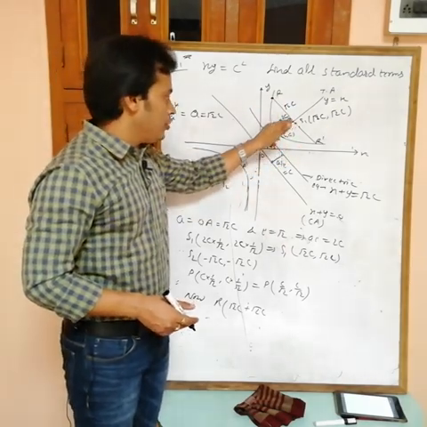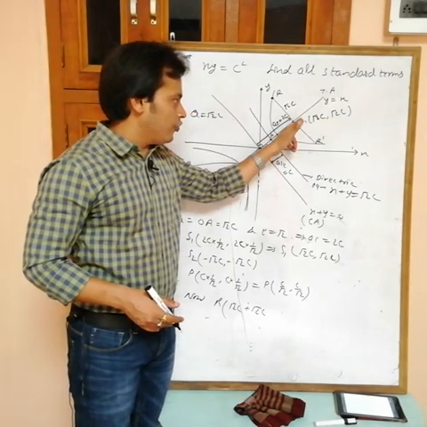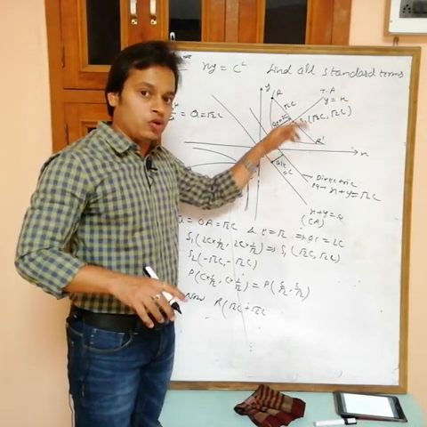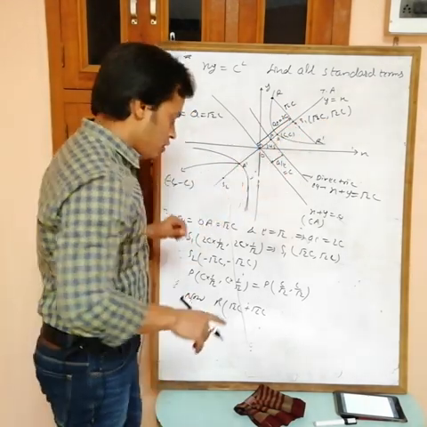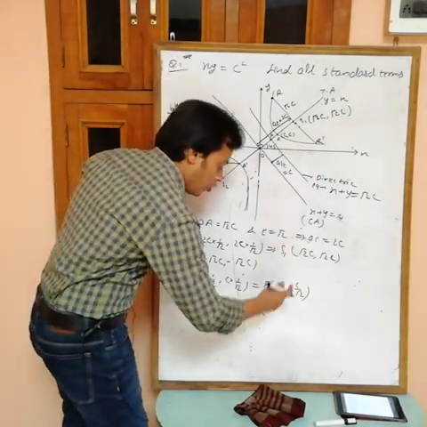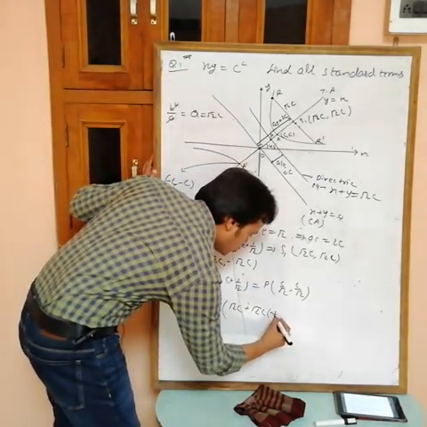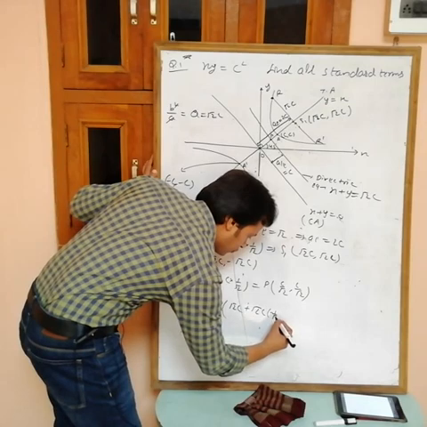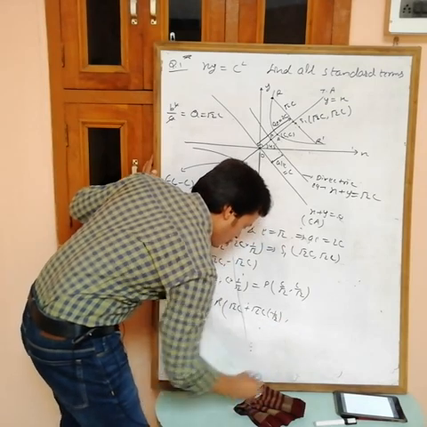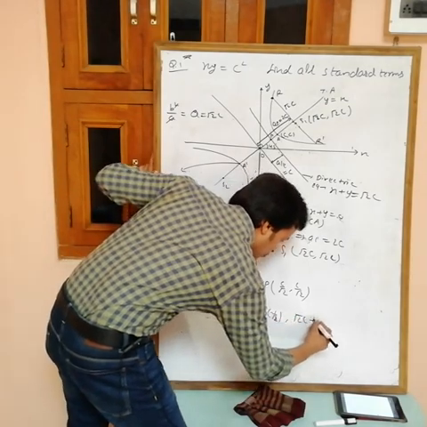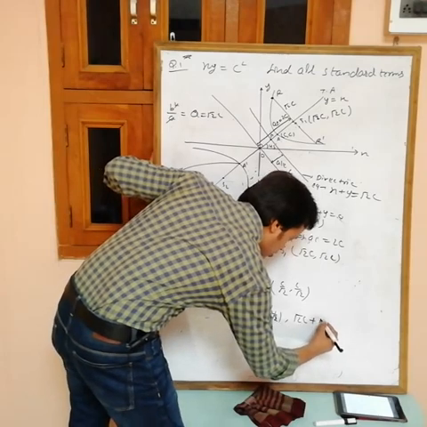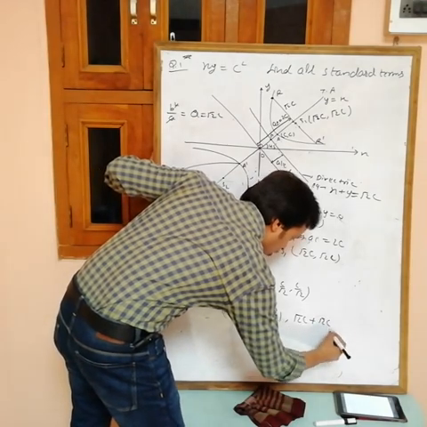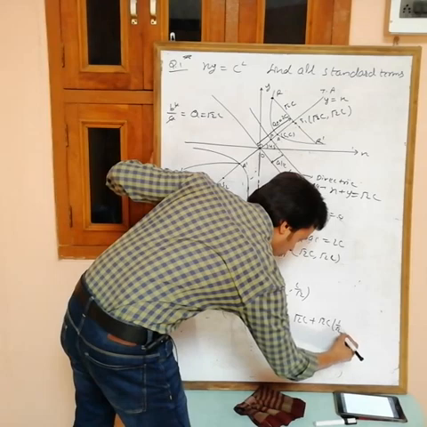So we know that if you draw the x-axis, this angle is 45, this one is 90, so the total is 135. So x1 plus r cos 135, which is minus 1 by root 2, comma y1 plus r sin 135, that is 1 by root 2.